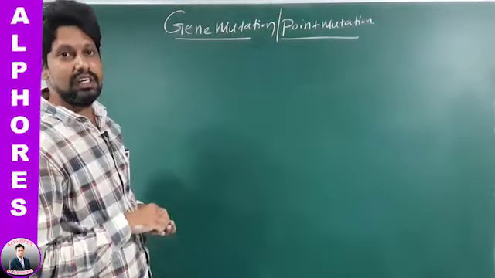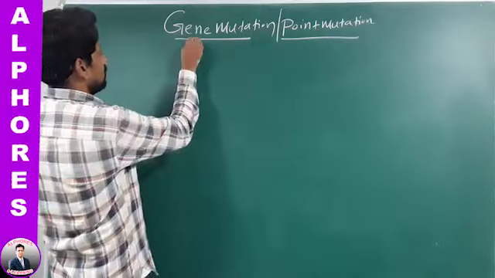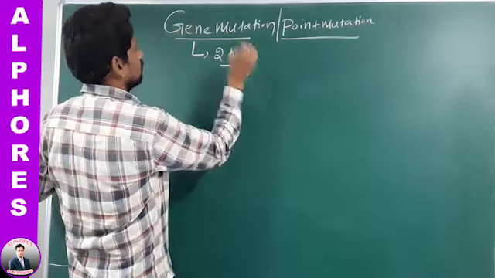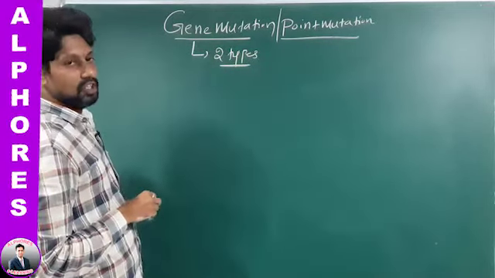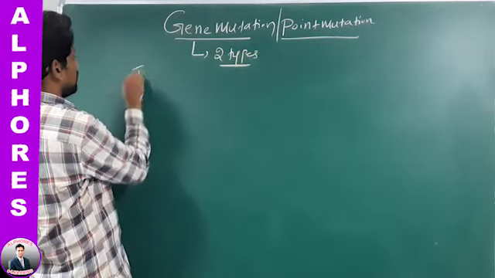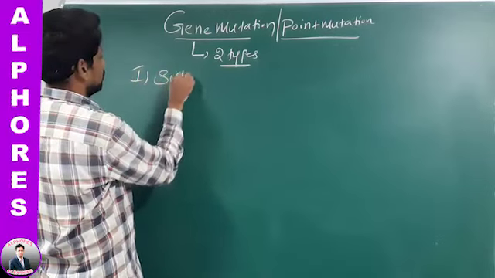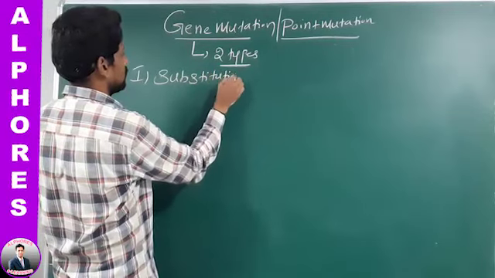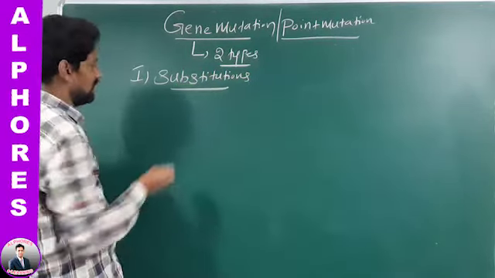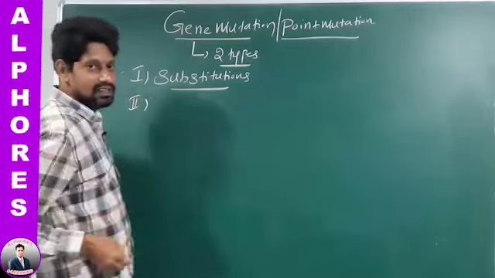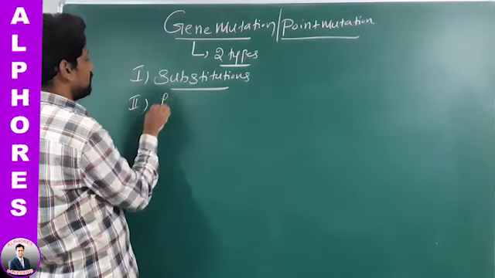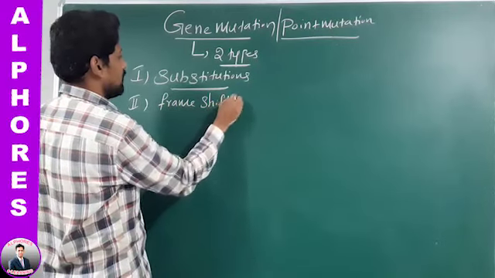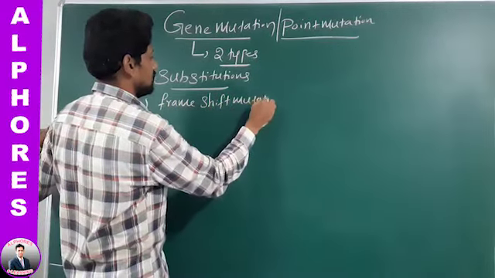Gene mutations are of two types. What are the two types of gene mutations? Number one, the first one is substitutions. The second one is frame shift mutations.